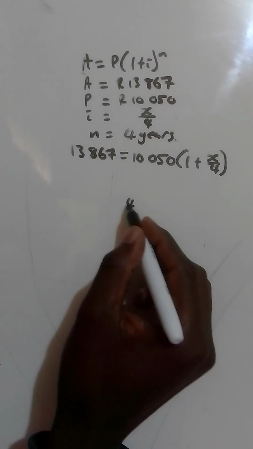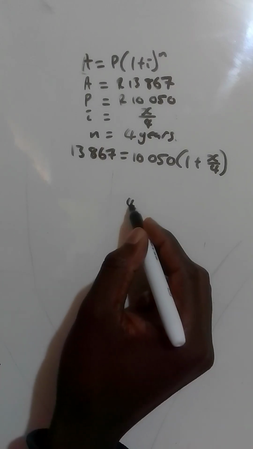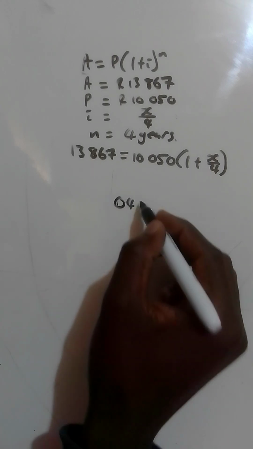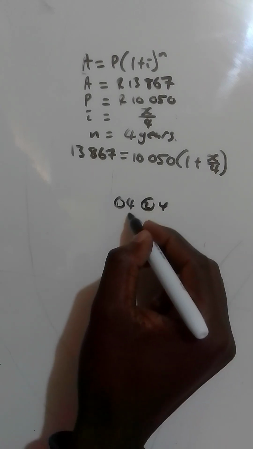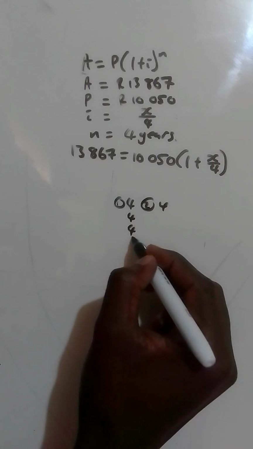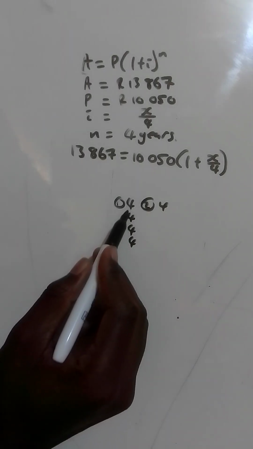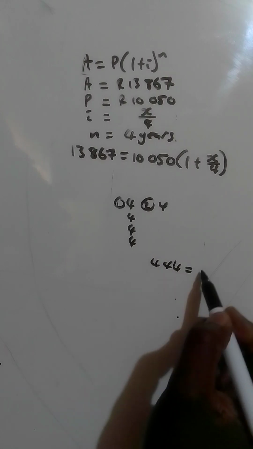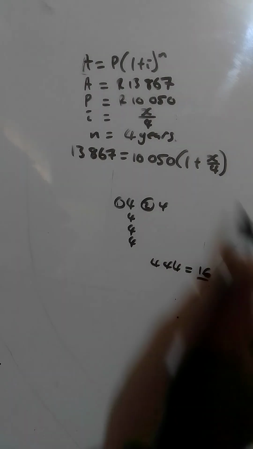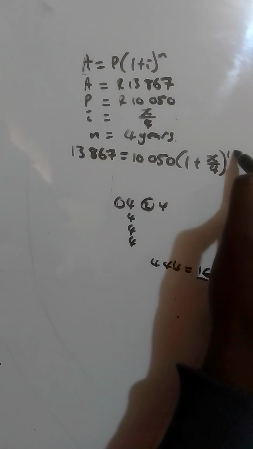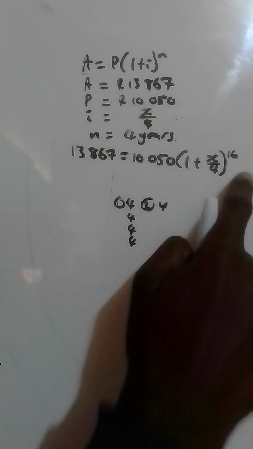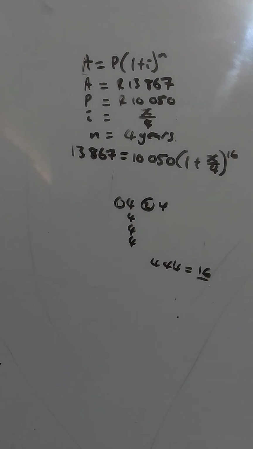So if in 1 year it compounds 4 times, it means year 1, 4 times, year 2, 4 times, year 3, 4 times, year 4, 4 times, which is basically 4 times 4. And 4 times 4 is equal to 16. So here on n, we say to the power 16, because this money compounded 16 times. So let's proceed with our calculations.